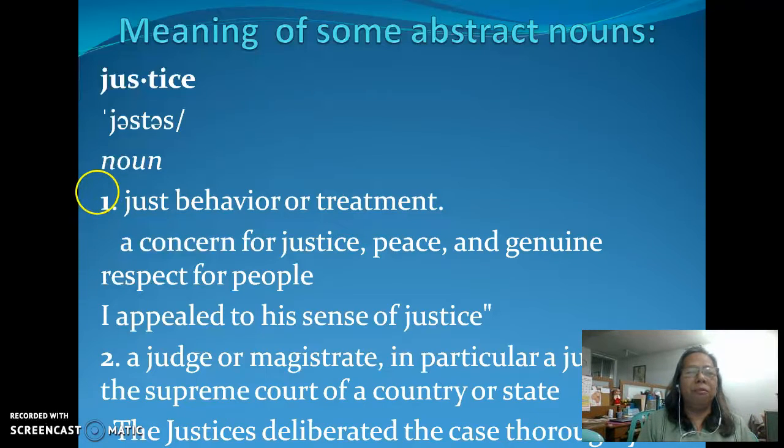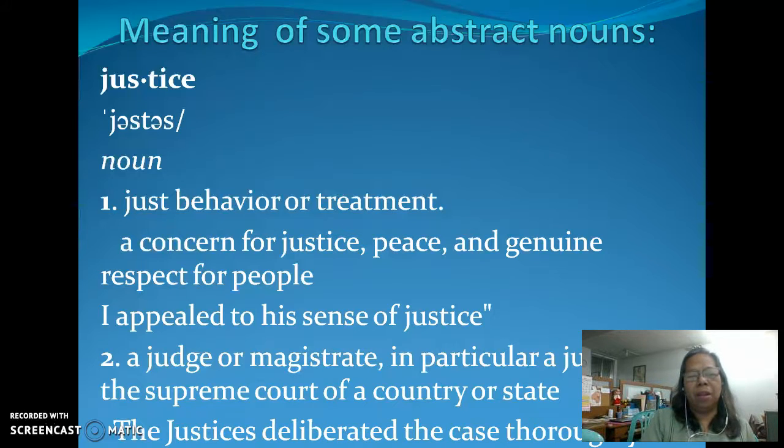The first meaning of the term justice is a just behavior or treatment, a concern for justice, peace, and genuine respect for people. So, my example of a sentence under the first meaning is, I appealed to his sense of justice. In this meaning of the term justice, you notice that justice is something that cannot be touched. Okay? It cannot be seen.